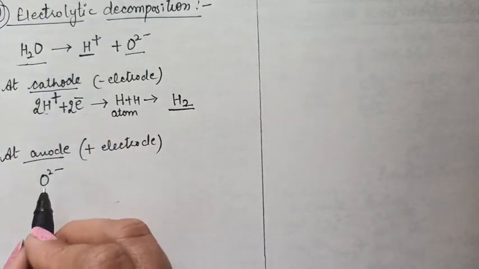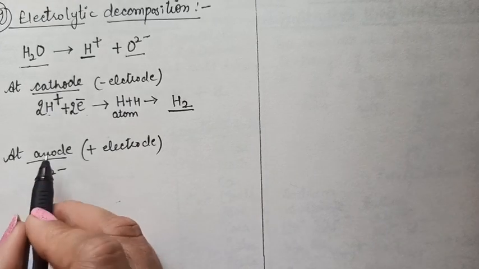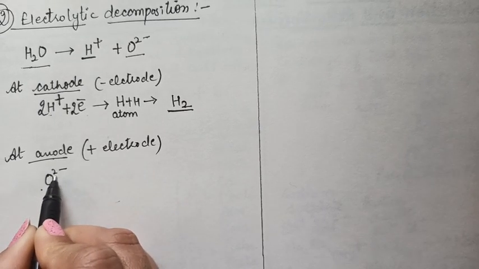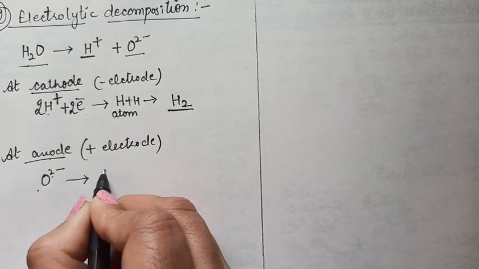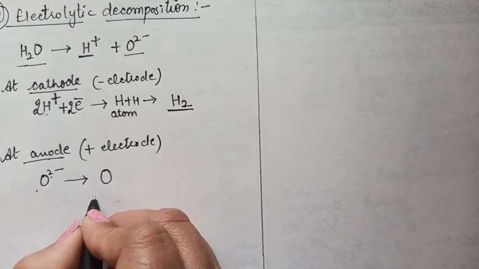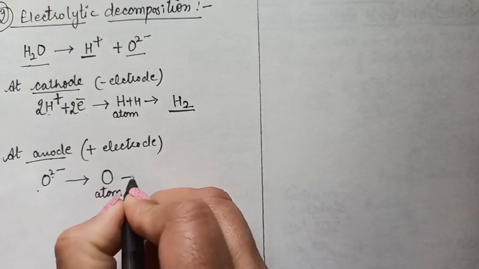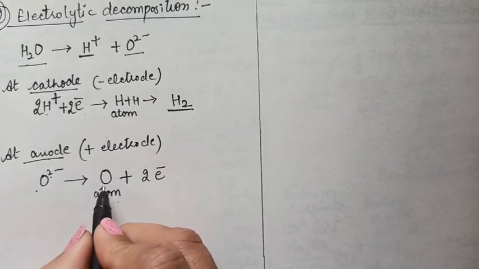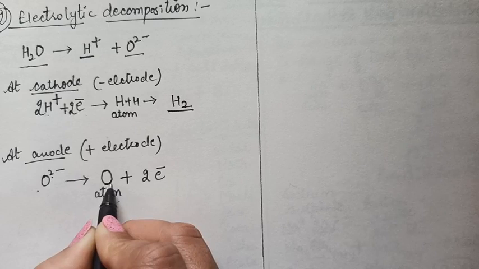Okay, now what happens at the anode? O2- ions reach the anode. They are negative, that means they have 2 extra electrons. So they will lose these electrons and O2- becomes an O atom plus 2 electrons lost. Now oxygen also does not exist in monoatomic form, it cannot exist alone.